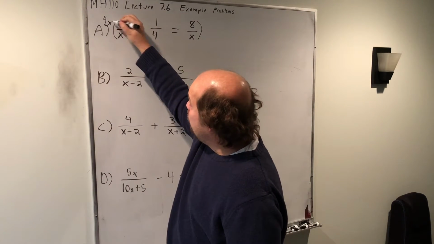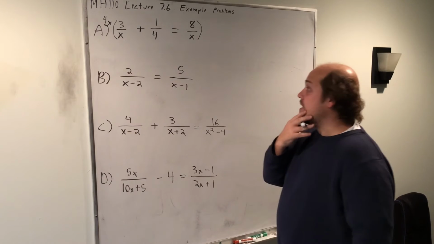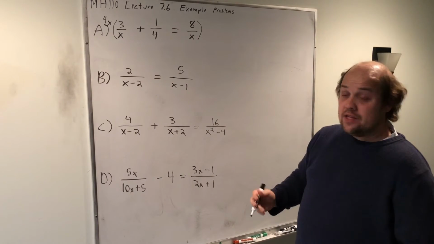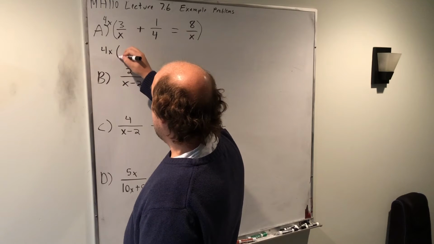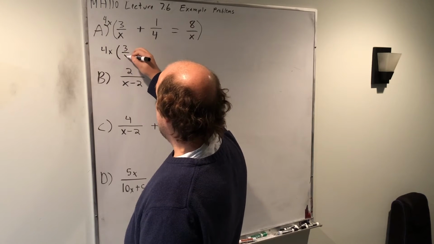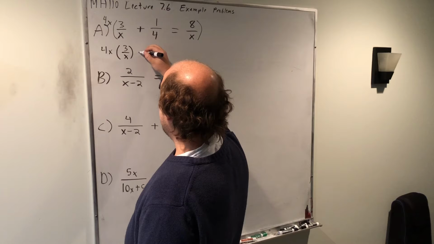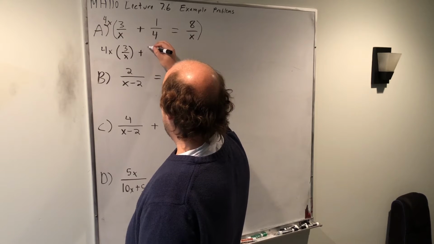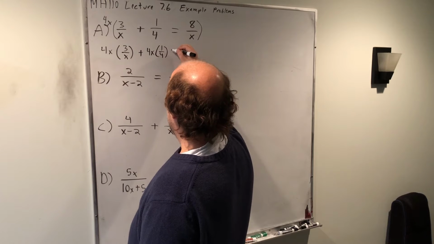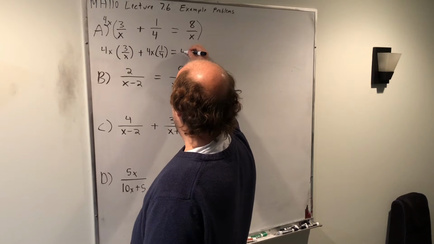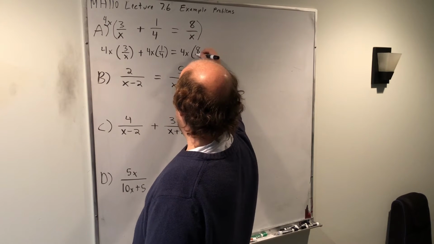So I'm going to put 4x as my greatest common factor. What I'm really doing is taking this greatest common factor, 4x, and multiplying it by each thing. First by 3 over x, then I'm multiplying 4x by 1 over 4, then I'm multiplying 4x by 8 over x.